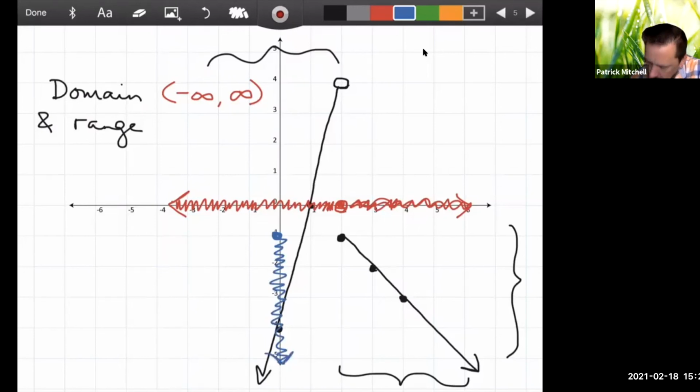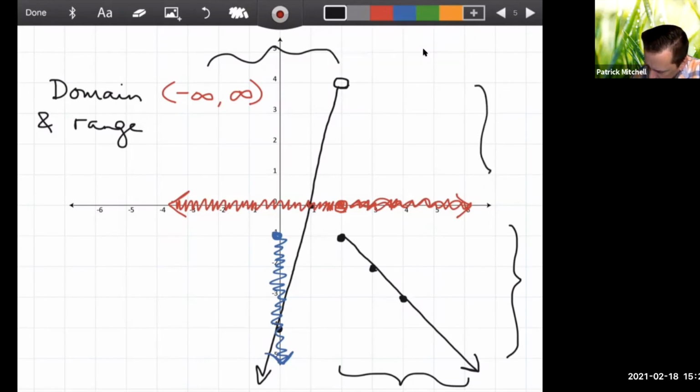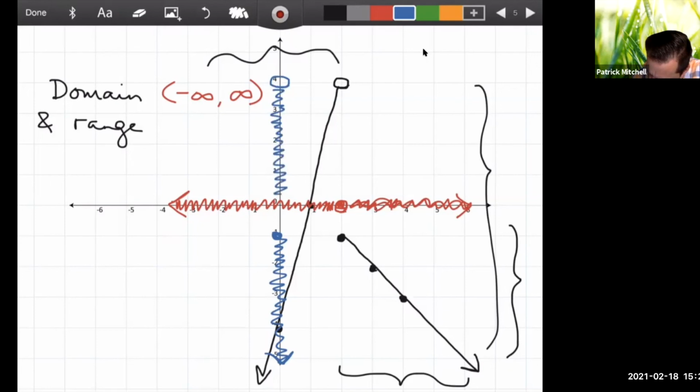And then if I were to squash this piece here, I would not hit this point, but I would hit every point below that, including all these other points that I already hit.